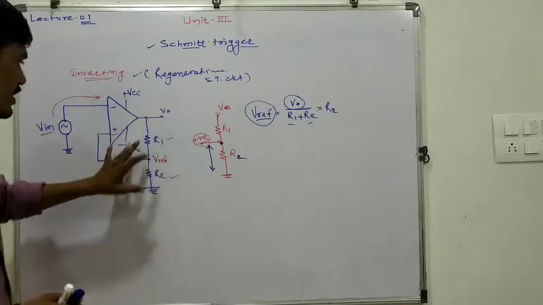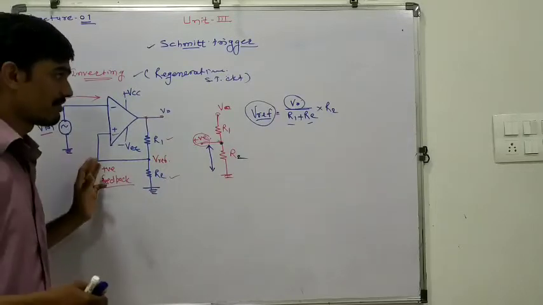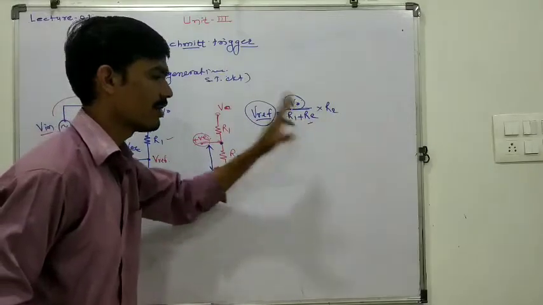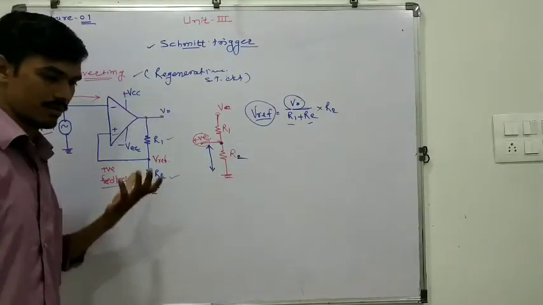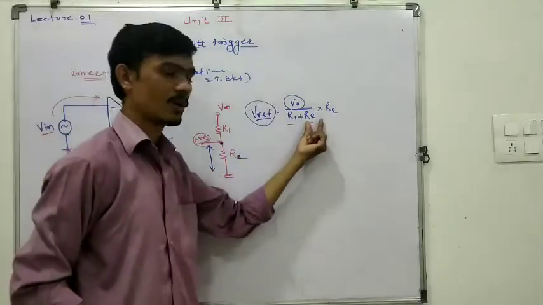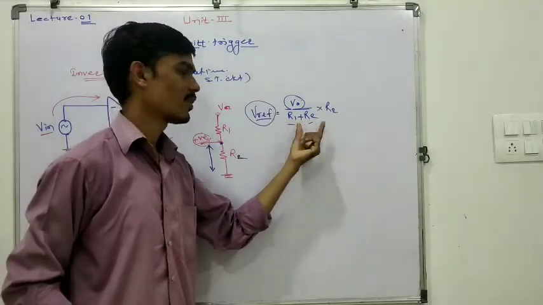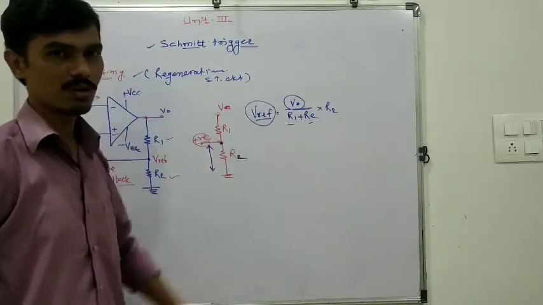So this is all about the voltage divider network and V reference. V reference will change as we change the output voltage, R1 or R2. As the circuit is fixed, R1 and R2 never change and have fixed values. So V reference is directly proportional to VO.